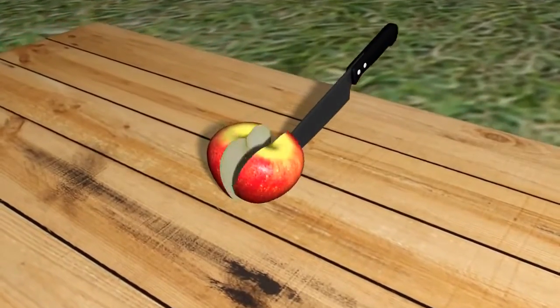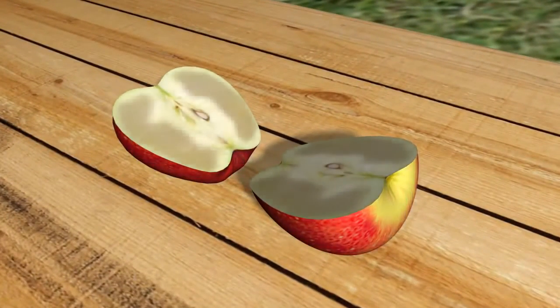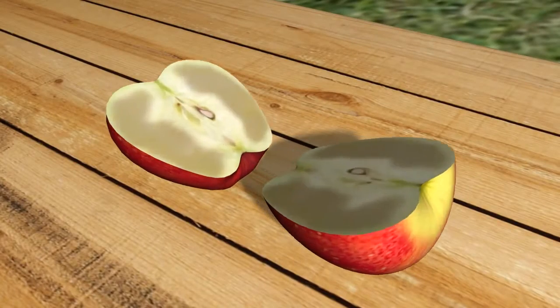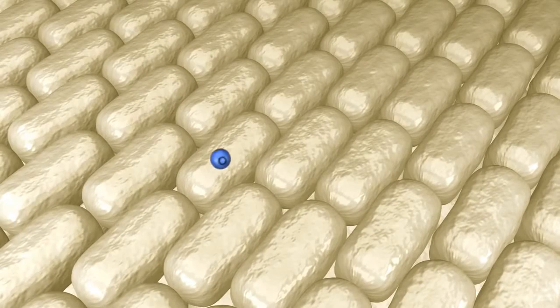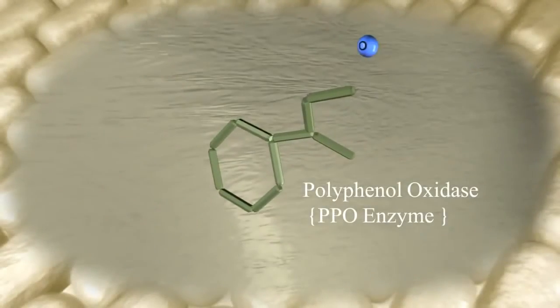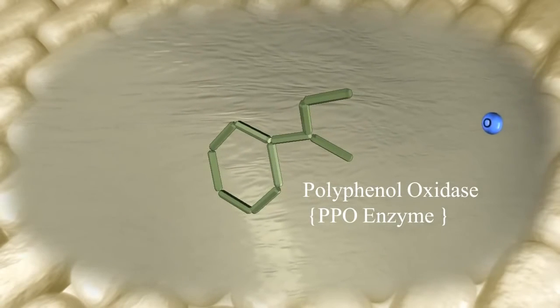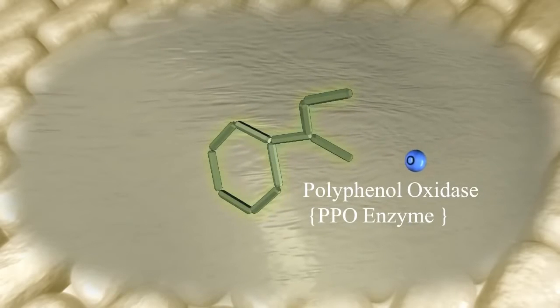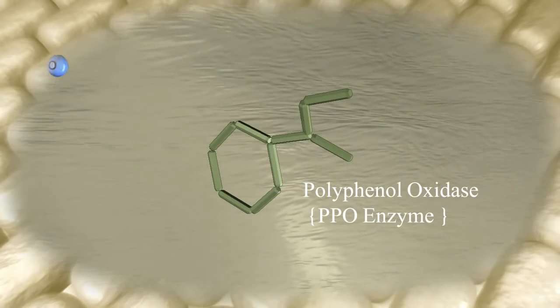Browning of a freshly cut apple is a commonly seen oxidation reaction. In a sliced apple, the oxygen hits the apple cells and reacts with an enzyme called polyphenol oxidase or PPO present in the cells.